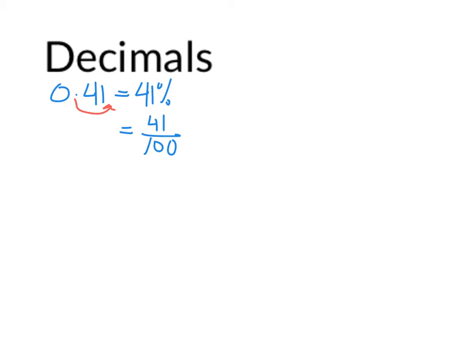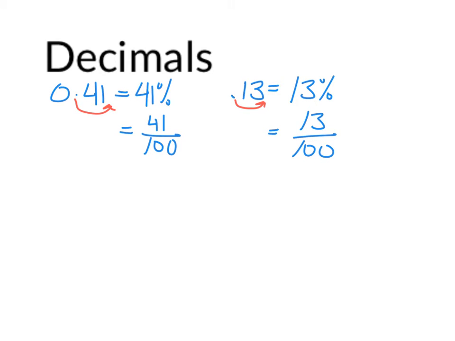Let's try a couple more. Say that we have 0.13 and we want to turn that into a percent. Move the decimal forward 2 places. So it'll become 13%. Then writing it as a fraction, 13 over 100.